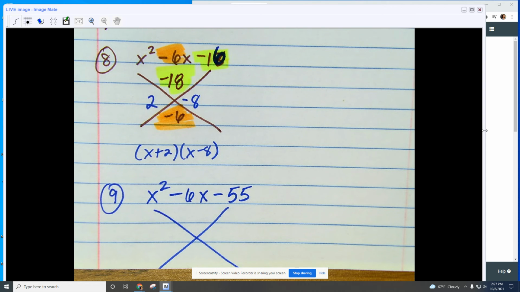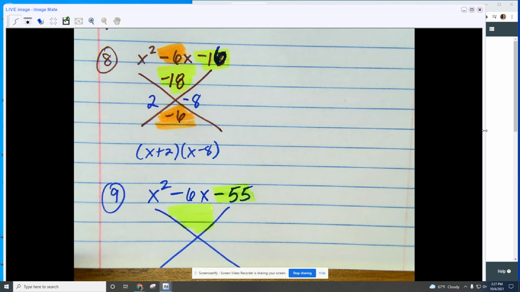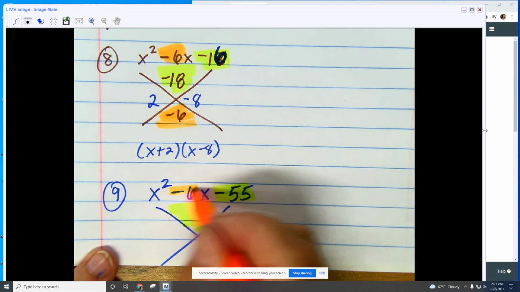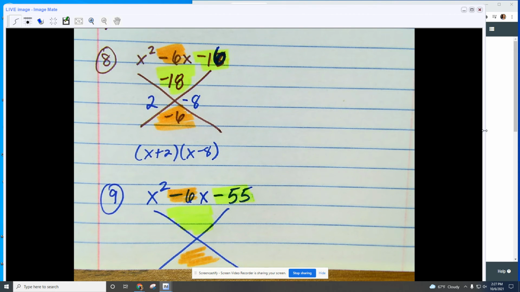What times what equals 55 and adds up to negative 6? Did anybody get it? Did it work? Test me, Leilua. Did it work? Okay. I'm getting a thumbs up from the table behind you. Okay, good. I make these up on the fly, so sometimes stuff happens.